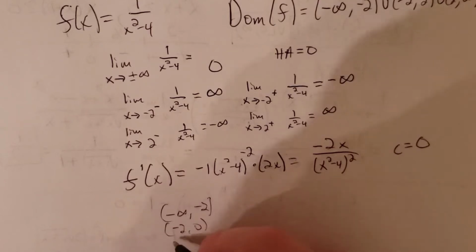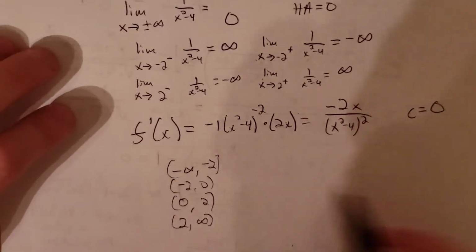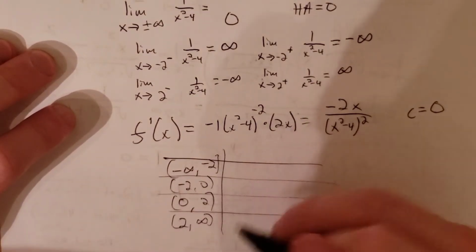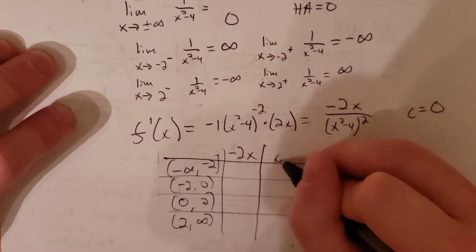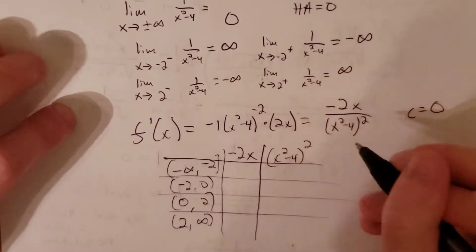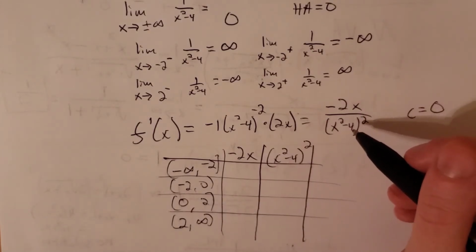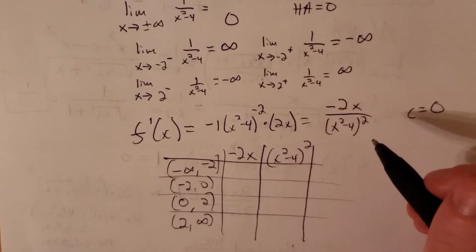Then we do our intervals check here. We have -2x divided by x squared minus 4, quantity squared.